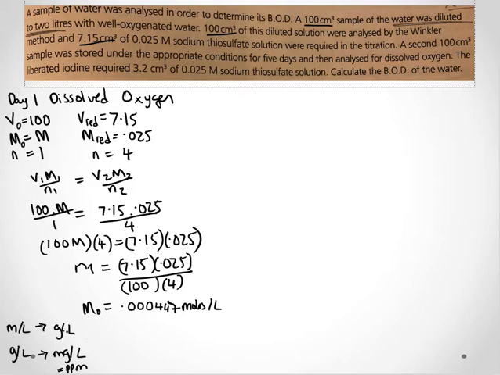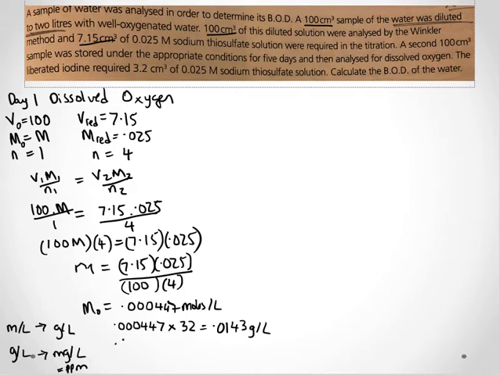So to go from moles per litre to grams per litre, we're going to multiply it by the RMM of your oxygen, your O2. So 0.000447. O2 has an RMM of 32, so multiply that by 32 and we get 0.0143 grams per litre. And now we want to go from grams per litre to milligrams per litre.